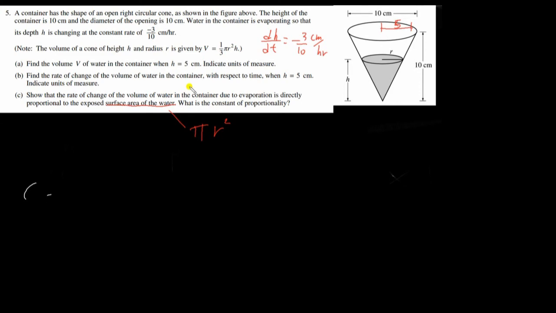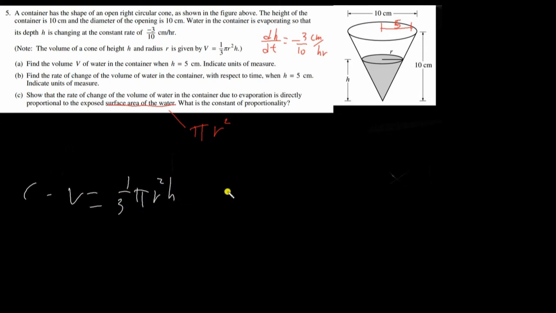Okay? So this might seem a little bit confusing because this is an unusual wording for a problem. But since they still want the rate of change of the volume, we'll do exactly the same thing that we did before. We just won't have any specific numbers that we're going to plug in. So we'll do the same step as last time. We'll say V is 1/3 pi r squared h.